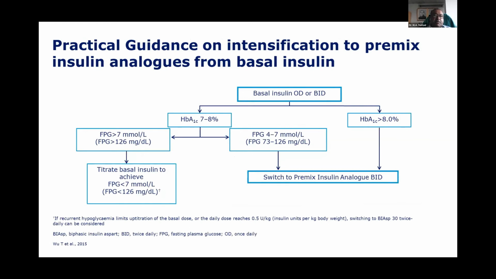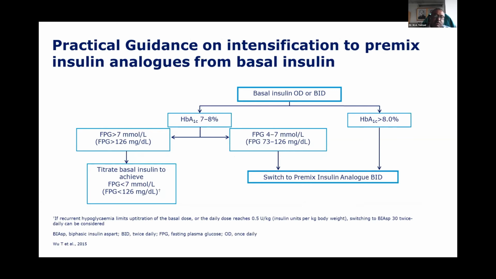This is again very important. This is practical guidance on intensification to premix insulin analogs from basal insulin. If you are on basal insulin and hemoglobin A1C is more than 8%, you have to switch to premix insulin analog BID, that is in the morning and in the evening as per the rule.